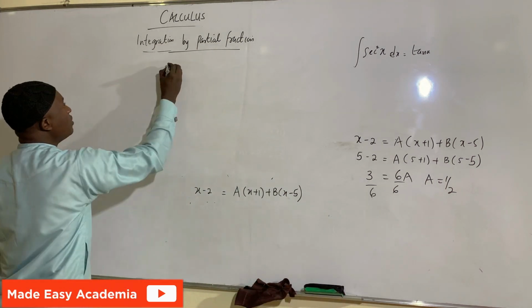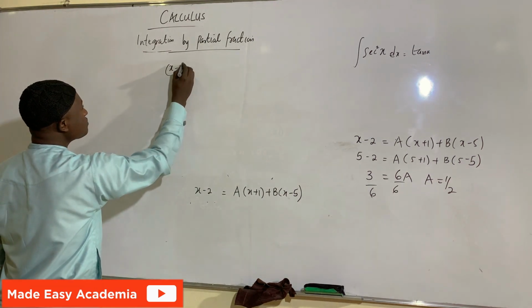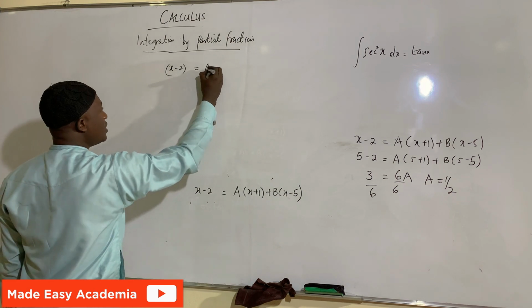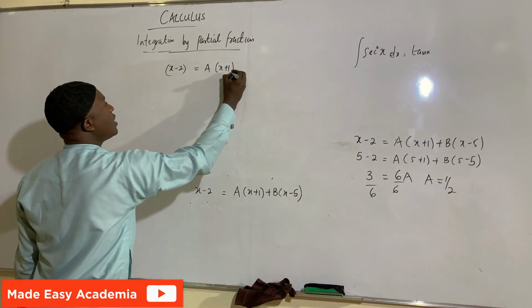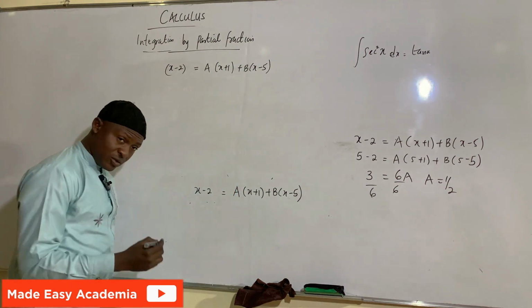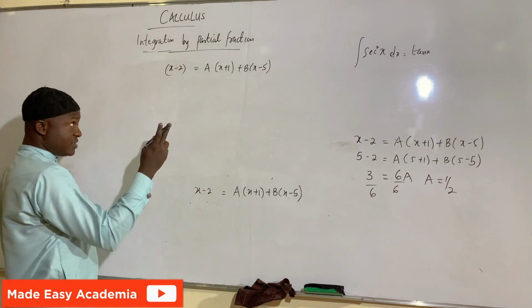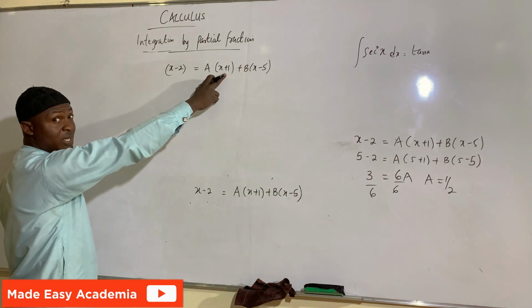So here, what I have is x minus 2 is equal to A bracket of x plus 1 plus B bracket of x minus 5. I have found my A; now I have to find my B. I have to let x be minus 1, the opposite of what we have here.